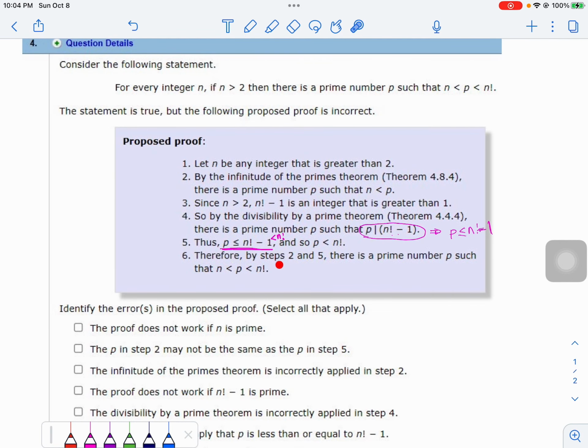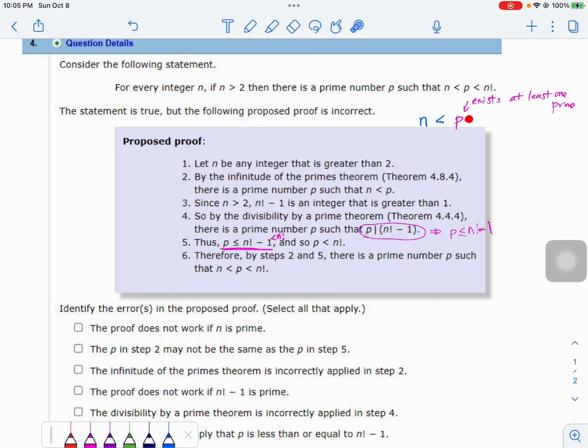Now, therefore, by step 2 and 5, there is a prime number p. So let's continue, go back to look at 2. So 2 says when you have an n, you can always find a p. There exists a p, okay, at least one prime. Now, of course, there are infinitely many primes that will be greater than n.